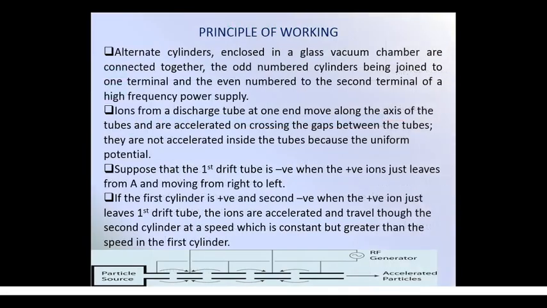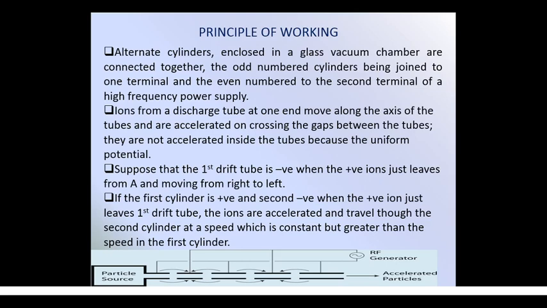Here also the working is explained. The positive ions move towards the first drift tube, since the first drift tube is negative. In the gap the particle is accelerated, and once it has entered the drift tube, it moves with a constant velocity.